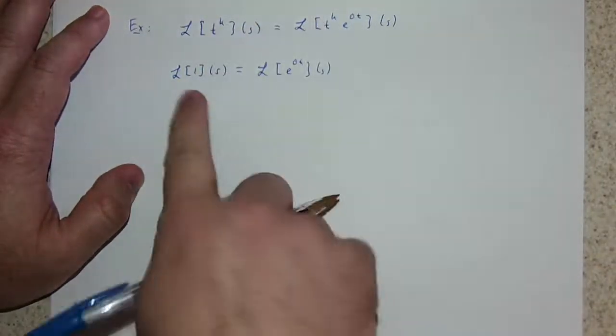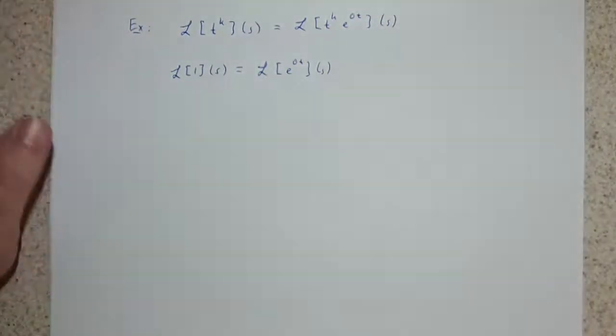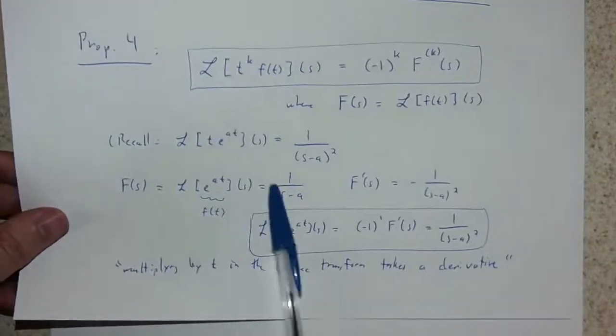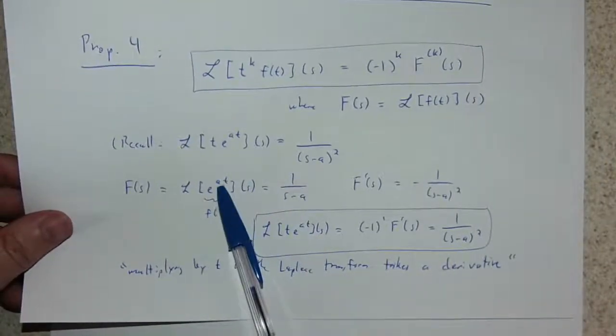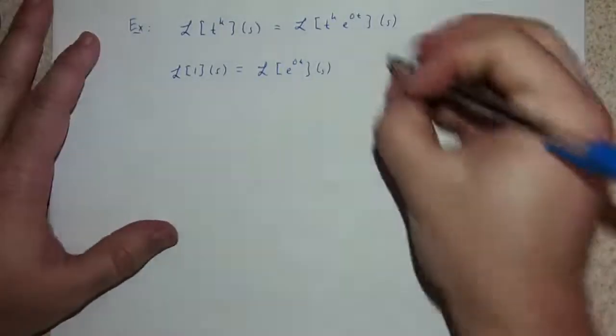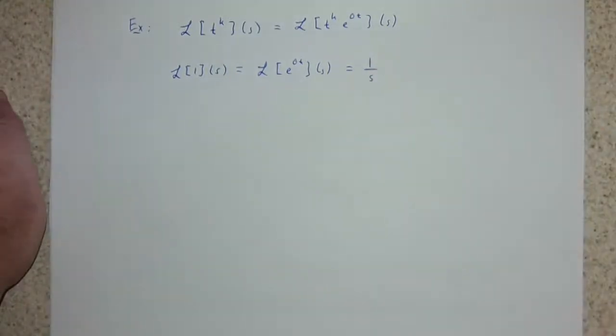But following our formula, the Laplace transform of e to the at is 1 over s minus a. So if a is 0 here, this is just 1 over s.